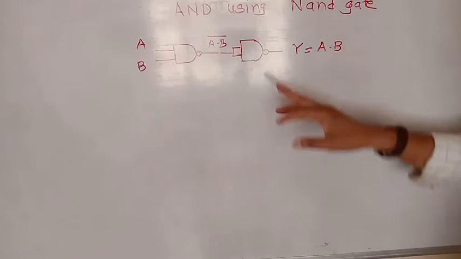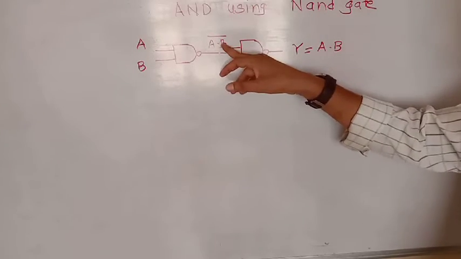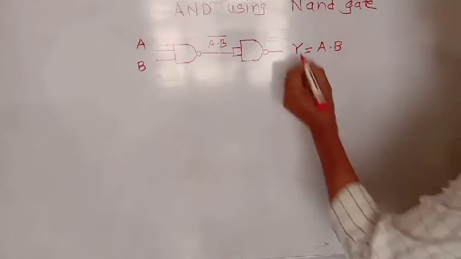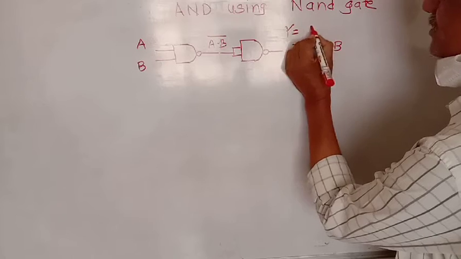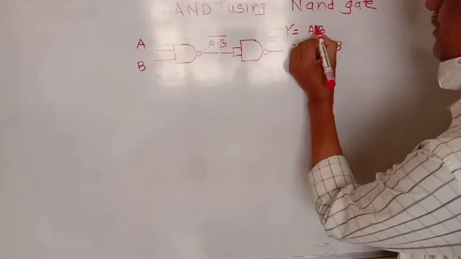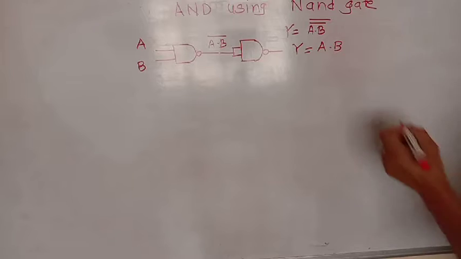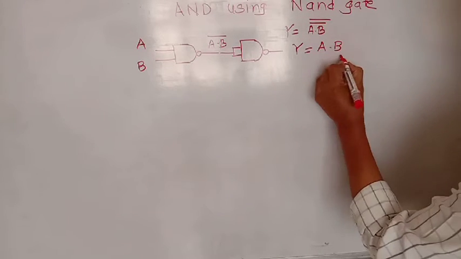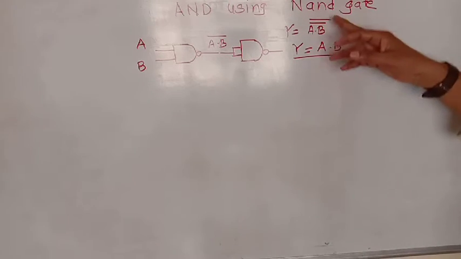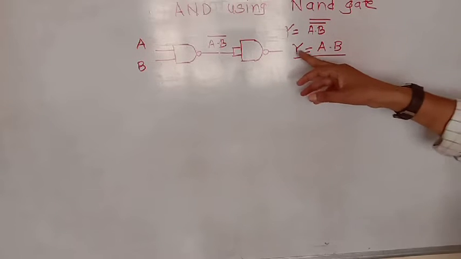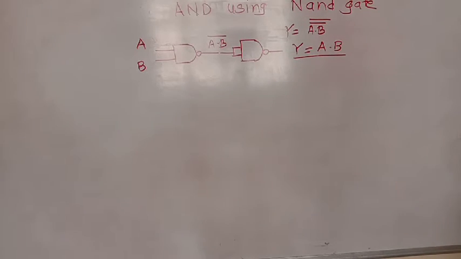So this NOT gate will invert this input, and we get Y is equal to AB bar and again bar. So bar into bar means plus, so Y is equal to A into B.